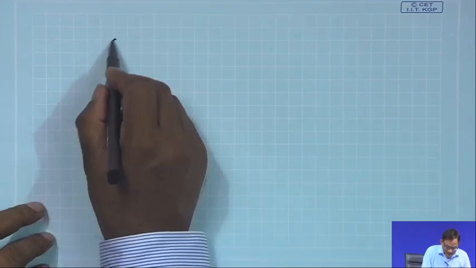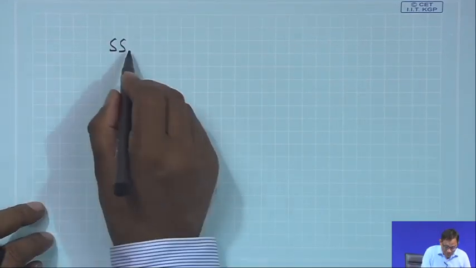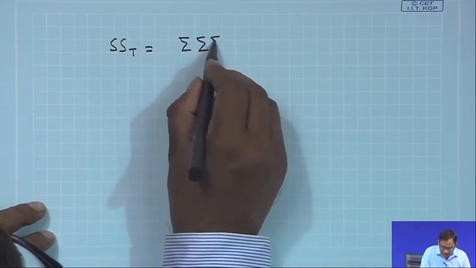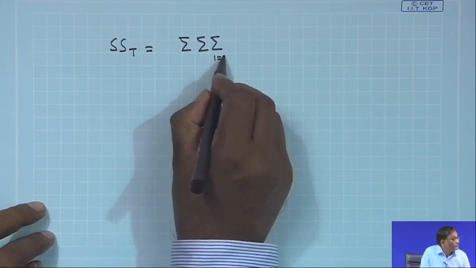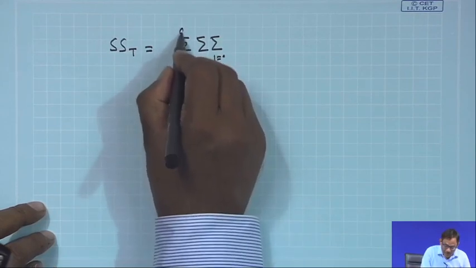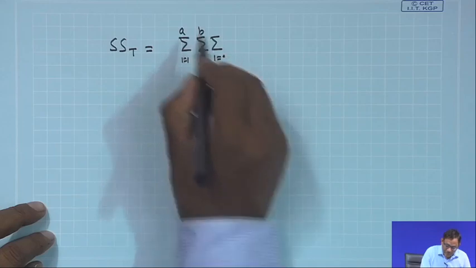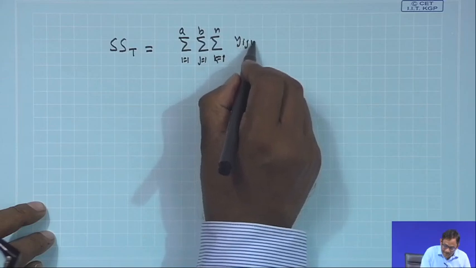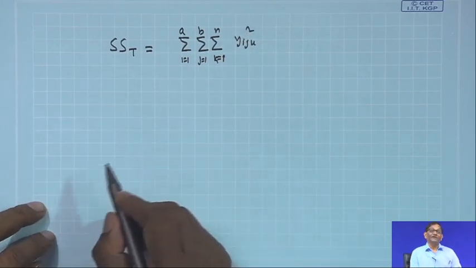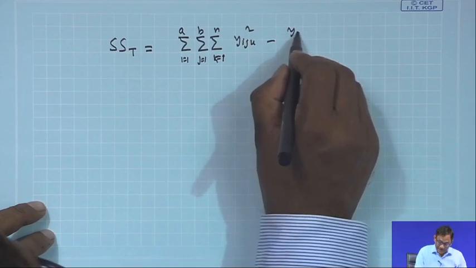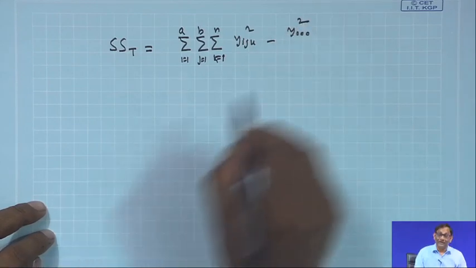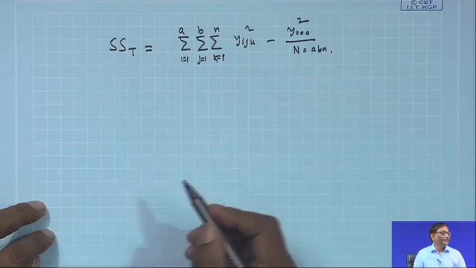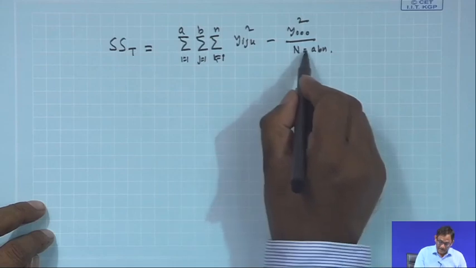SS total is the triple sum, i equal to 1 to a, j equal to 1 to b, k equal to 1 to n, of y ijk squared, minus the grand total squared divided by N, where N equals abn.